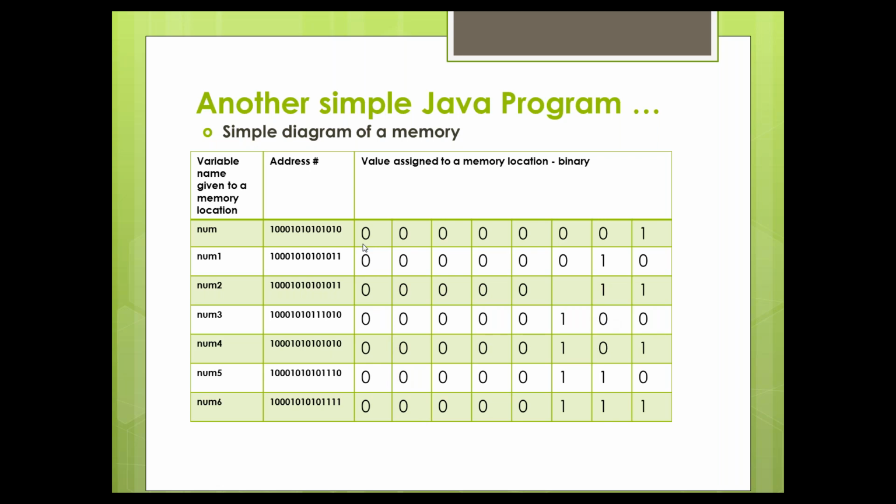It need not be this way, but it is shown diagrammatically for our understanding. Each row is assigned an address, so that using that address you can get the value.